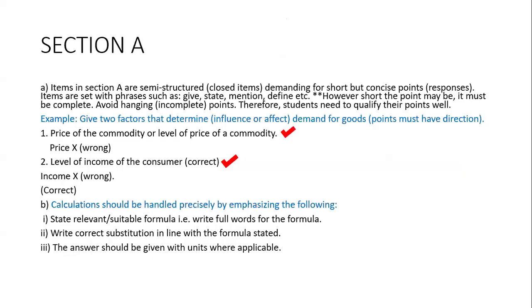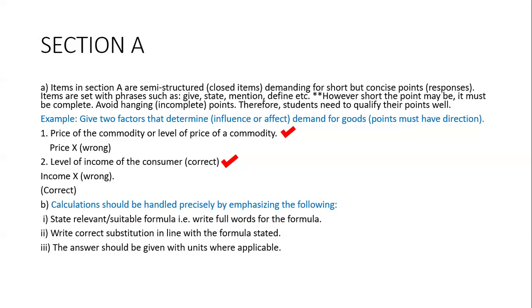So if we can start with A very fast, we said there are semi-structured questions where we emphasize short but concise answers. And the instructions that come on your question paper usually have that instruction given.